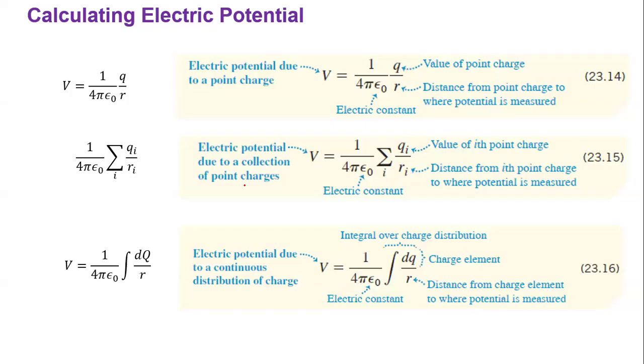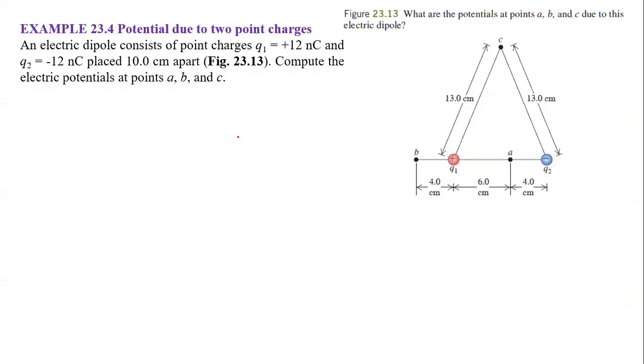Okay. So let's first apply calculating electric potential due to a collection of point charges. An electric dipole consists of charge Q1, which is positive 12 nanocoulomb, and Q2, which is negative 12 nanocoulomb, placed 10 centimeters apart.